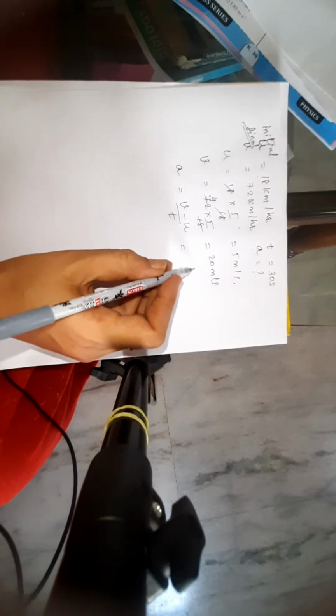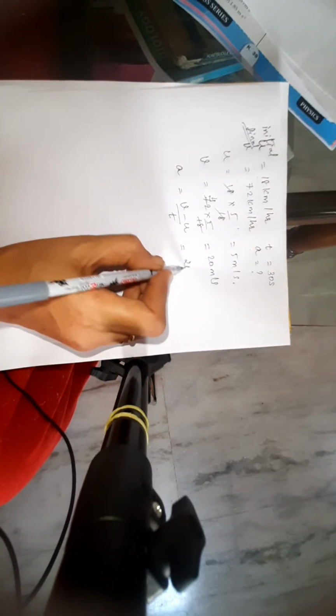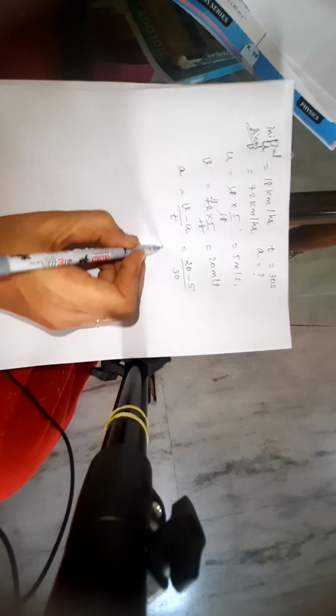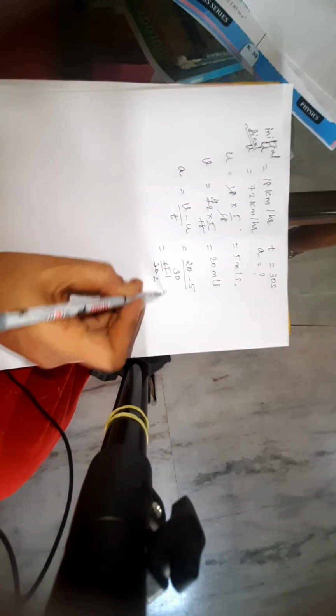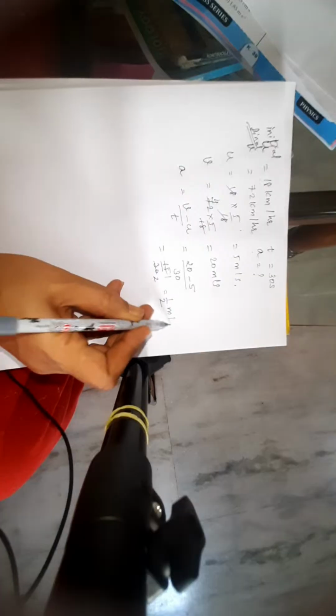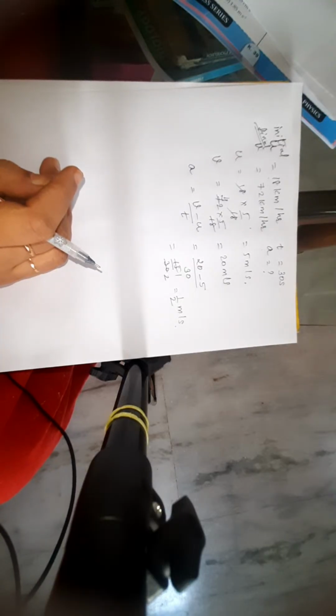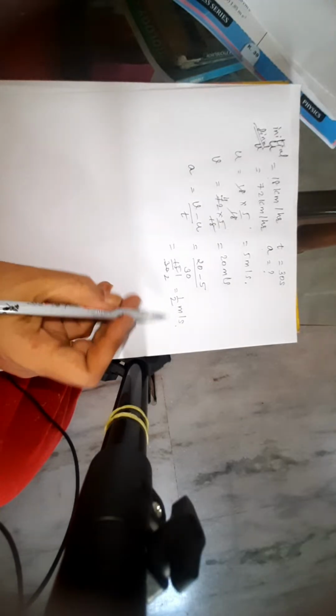Now after getting all the things, we need to put in the formula. Acceleration is v minus u upon t. Here v is 20, u is 5, whole divided by 30. So it is 15 upon 30, 1 by 2 meter per second square. But in this question, they made a little change. They asked us to find this in kilometer per hour square.